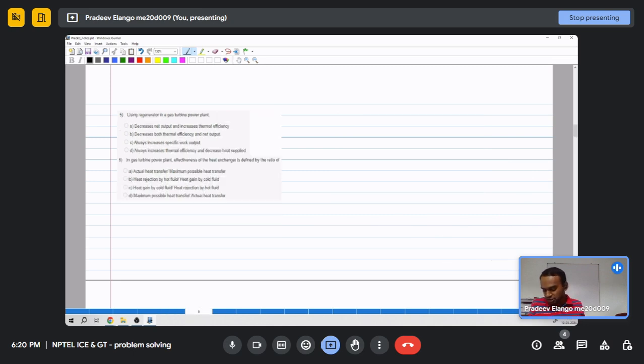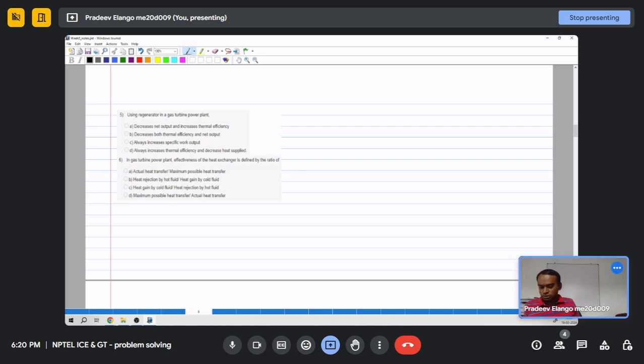Using regenerator in a gas turbine power plant decreases net output and increases thermal efficiency, decreases both thermal efficiency and net output, always increases specific work output, always increases thermal efficiency and decreases heat supplied. Sir, option A, decreases net output and increases thermal efficiency.